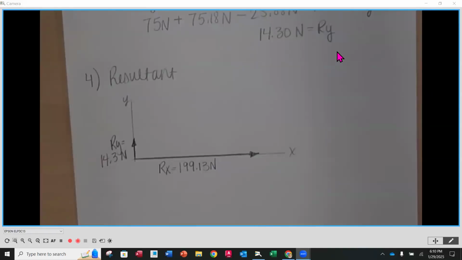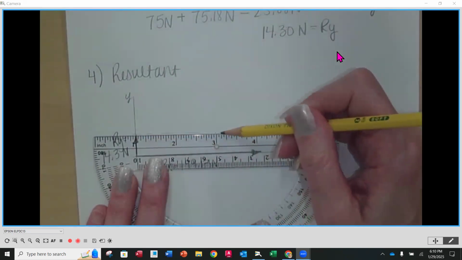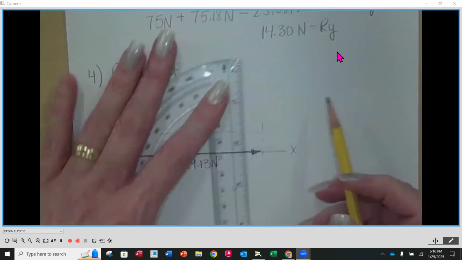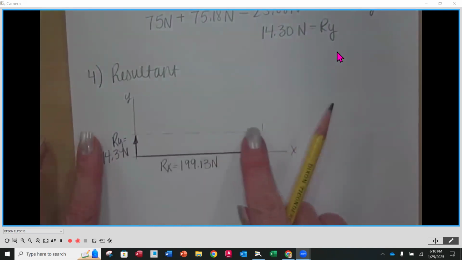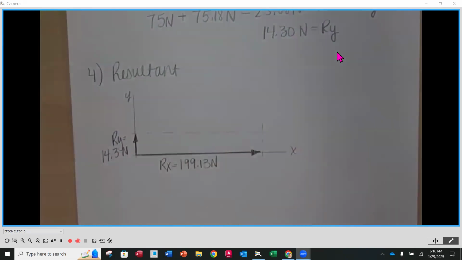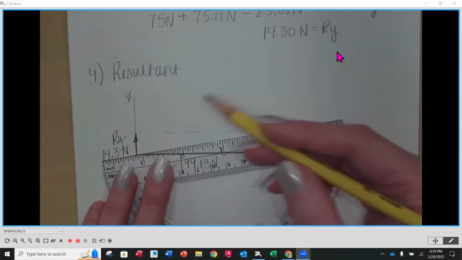Once I have my X and Y components, then I'm simply going to draw in my construction lines parallel to each of the opposite forces through the endpoints of each one of those. So I'm going to draw this rectangle. Through the endpoint of Y, I'm going to draw the line parallel to the force X and parallel to the Y through there. And then starting at the origin, I'm going to draw a line.